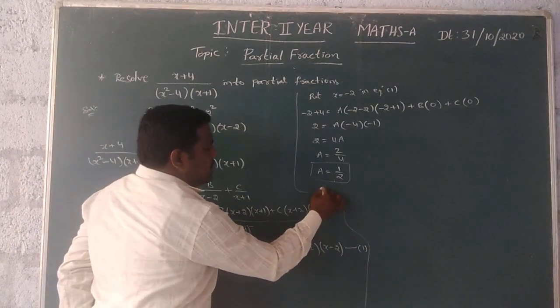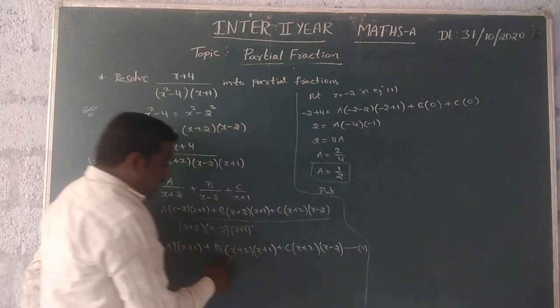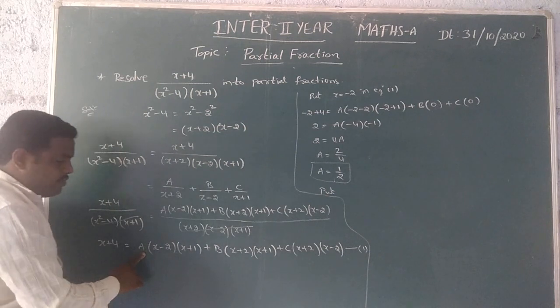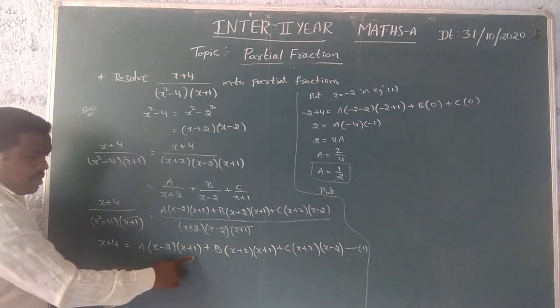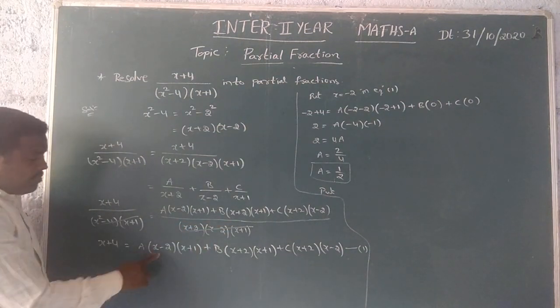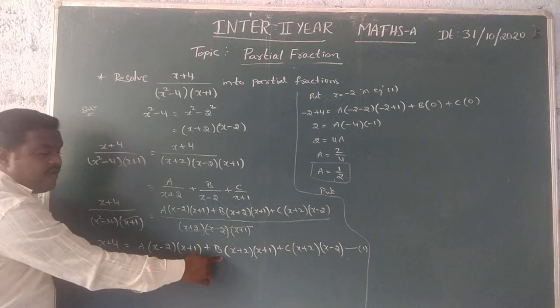Now we can find the value of b. What is the common coefficient of a and c? X minus 2. If x minus 2 is equal to 0, we get the value of b.